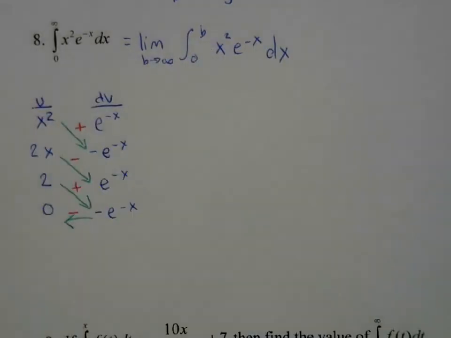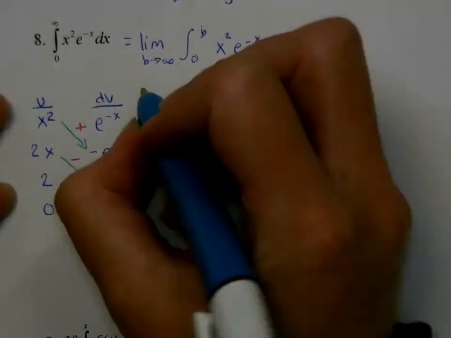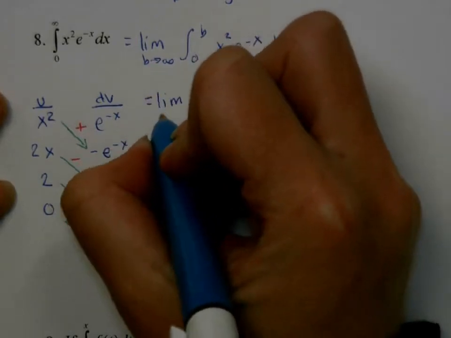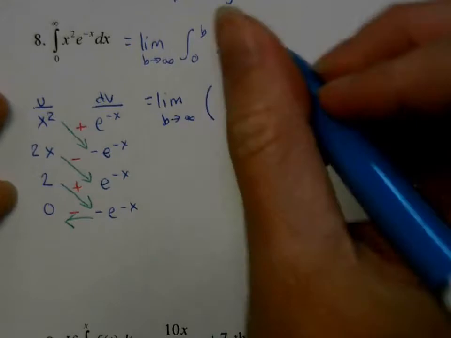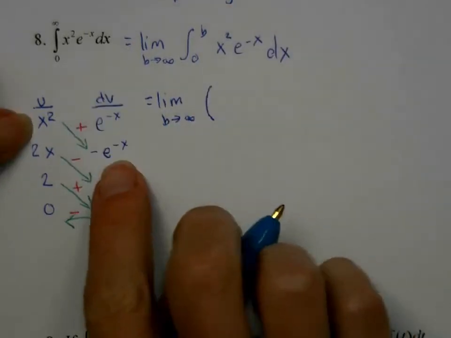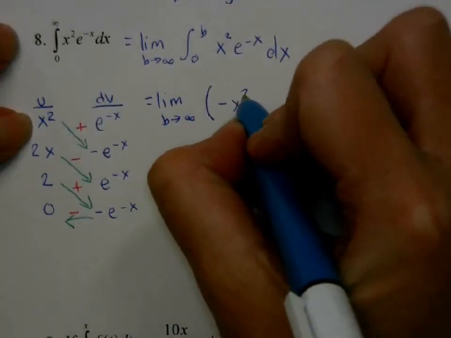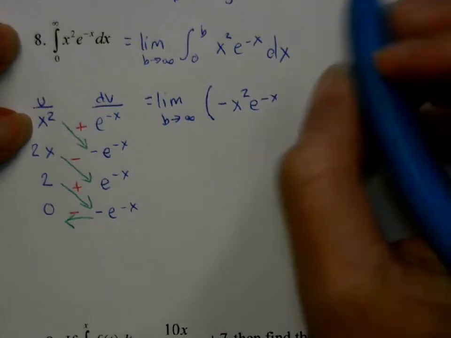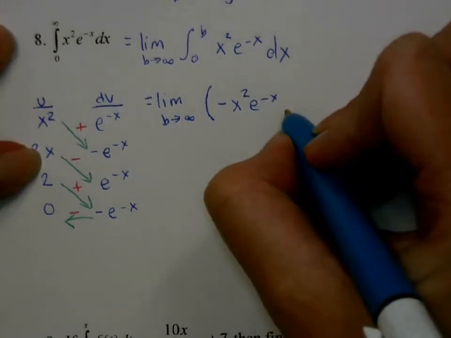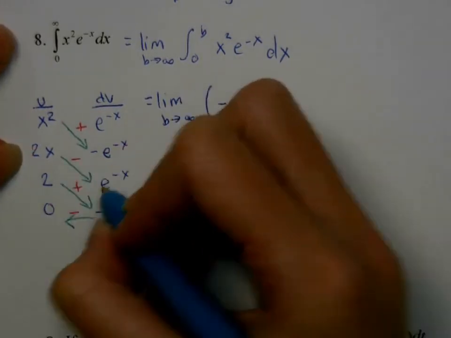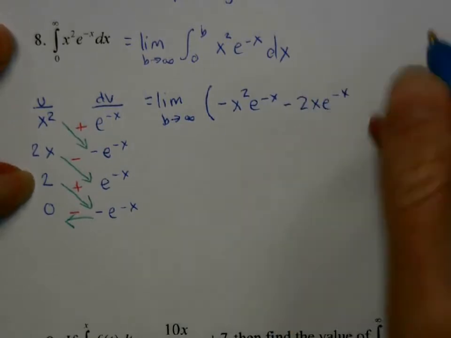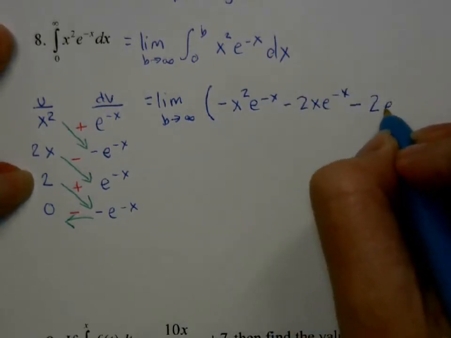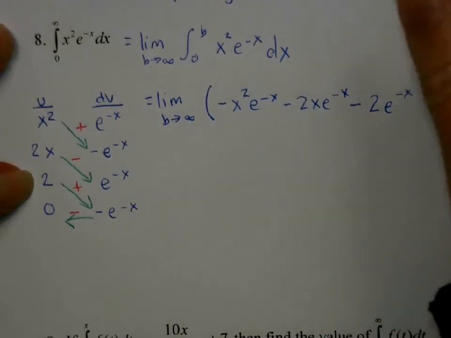So this will be the limit as b goes to infinity of negative x squared e to the negative x minus 2x e to the negative x minus 2e to the negative x. We're going to evaluate that from 0 to b.